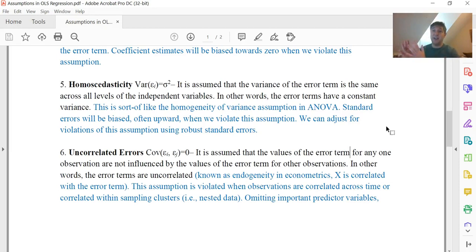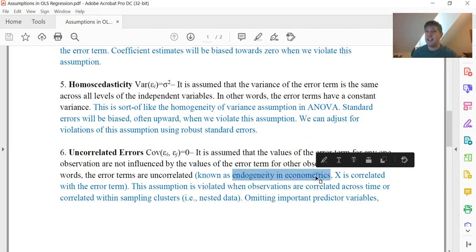Because if that omitted predictor variable is then correlated with another one of our independent variables in the model, that will then cause a correlation between that predictor variable and the error term in the model. You might hear this also called endogeneity in econometrics literature. They're talking about the same thing, that the errors are uncorrelated with each other or with one of the predictor variables.